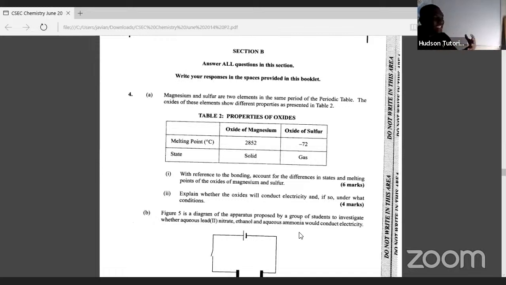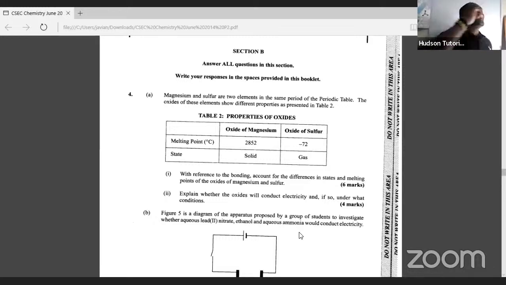It therefore means that if you are to separate them, or let us look at the melting point, it's going to take a large amount of energy to pull the magnesium away from the oxygen. Why? Because it's like a magnet, North Pole connected to the South Pole. You have a great amount of electrostatic attraction, or interionic strength, as opposed to the sulfur oxide.